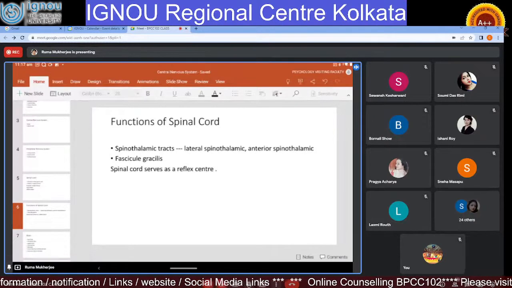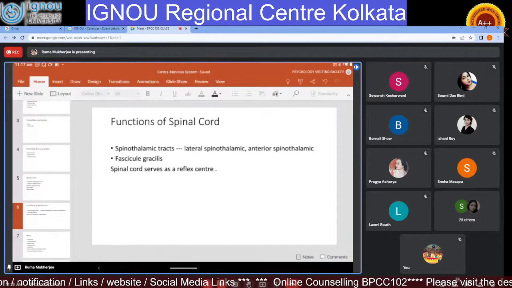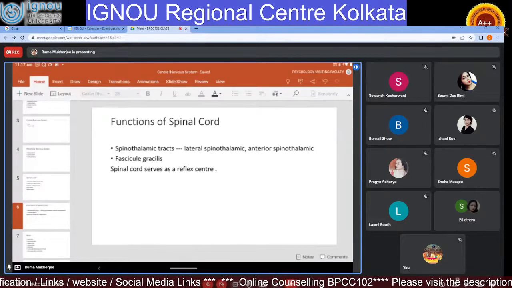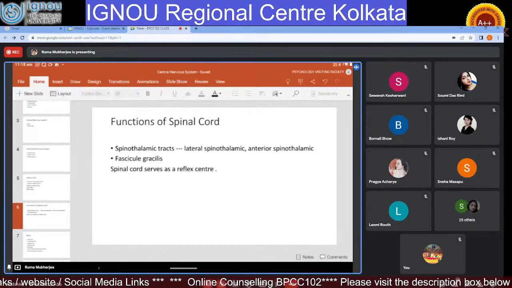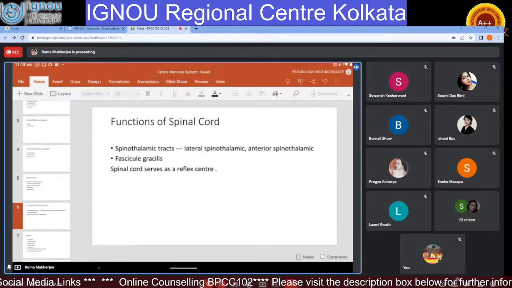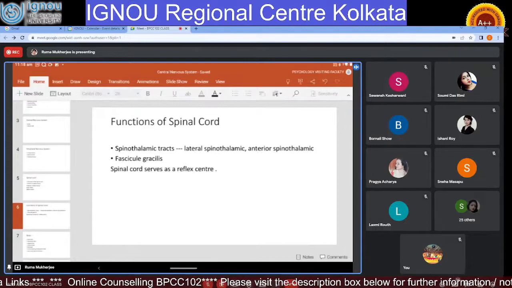And there are some major ascending tracts of the spinal cord, like the lateral spinothalamic tract, whose function is pain, temperature, and touch, and the anterior spinothalamic tract is involved in crude touch and pressure.